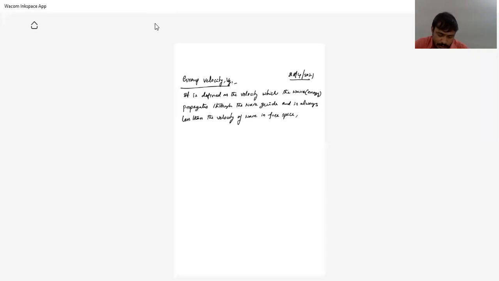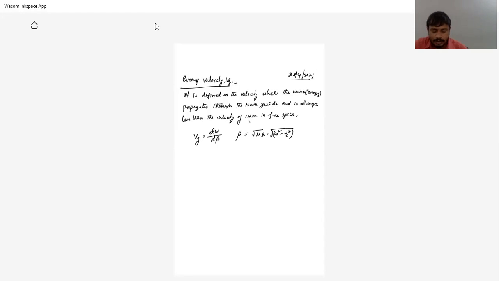So this we can achieve. Vg is equal to d omega by d beta. Already we know the beta value. What is the beta? Already I told. This is root mu into epsilon into root omega square minus omega c square.